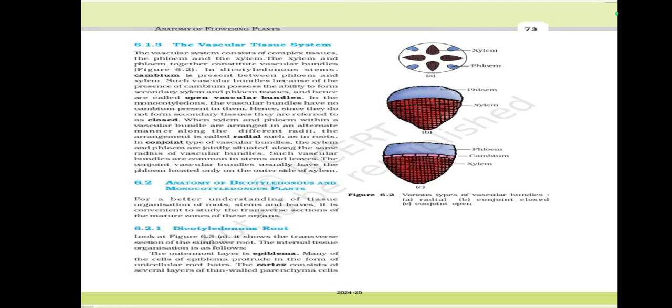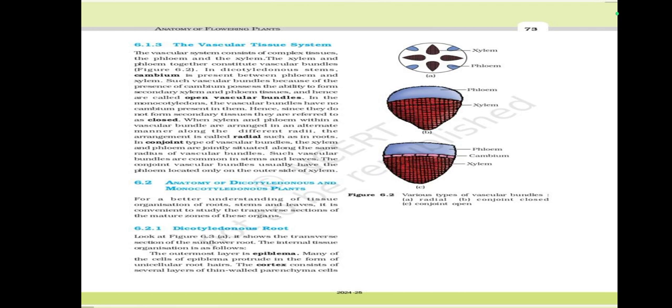In the monocotyledons, vascular bundles have no cambium present in them. Hence, since they do not form secondary tissues, they are referred to as closed. When xylem and phloem within a vascular bundle are arranged in an alternate manner along the different radii, the arrangement is called radial, such as in roots.